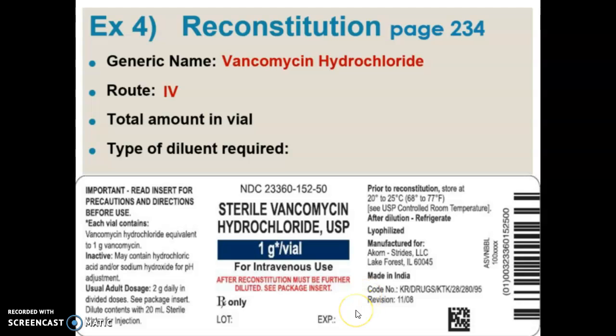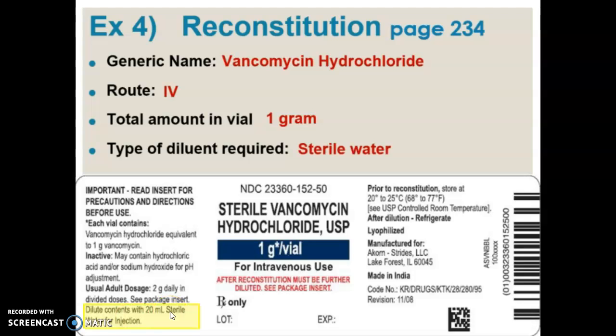So what is the total amount in the vial? Well, 1 gram, right? 1 gram per 1 vial. What type of diluent is required? Well, it says to dilute contents with 20 mils of sterile water for injection. So what type of diluent?